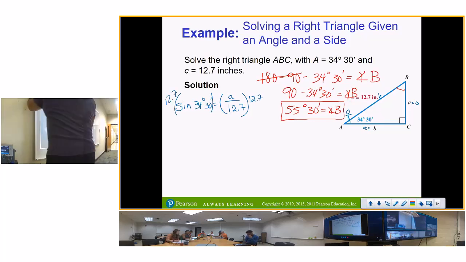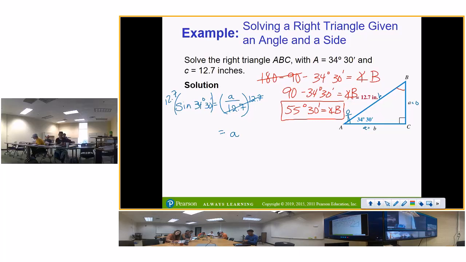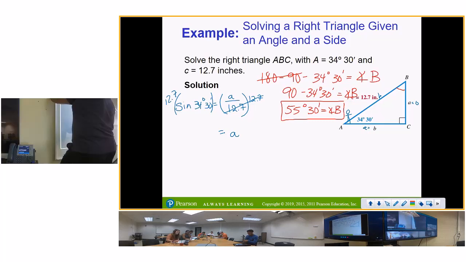Somebody tell me what sine of 34.30 in degree mode times 12.7 is. 7.19. Did I get it? Everybody get that?